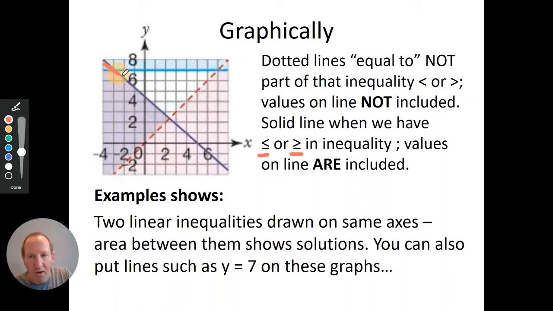But the solid line tells you that the points on that line itself are included in the inequality. The dotted line is for when I've got the equal to not in there. So either it's less than that or it's greater than that. The points on this line are not included, and I do a dotted line to indicate that. Essentially, if it's a greater than, it's going to be above the line.